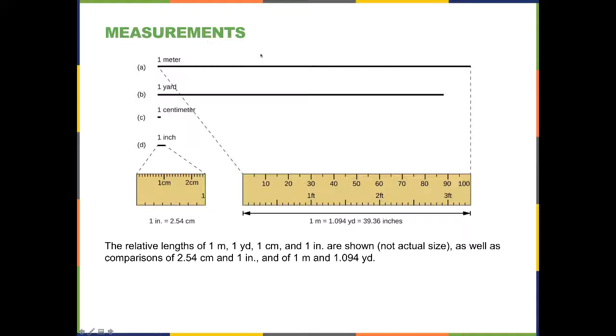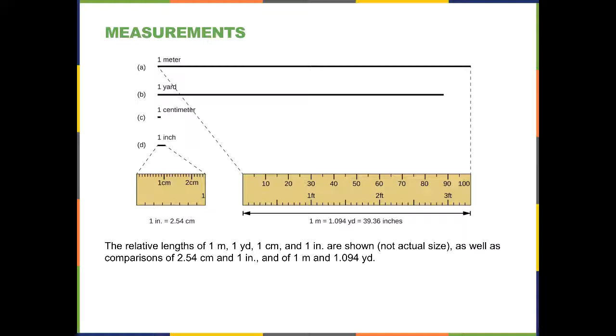For example, up here we have a meter, which is a measurement. These are all measurements of length. And a meter, if you look, is slightly longer than a yard. The meter is the Systems International unit. The yard is the British unit that's used in the United States.